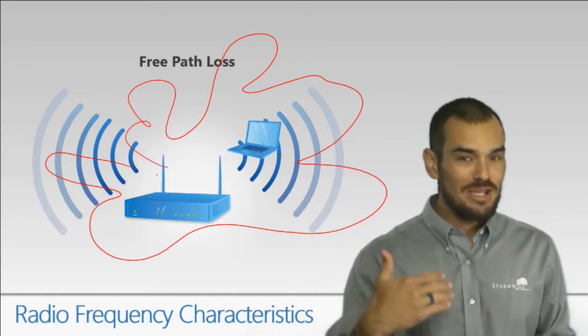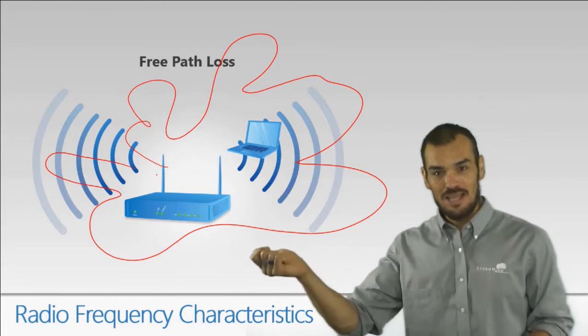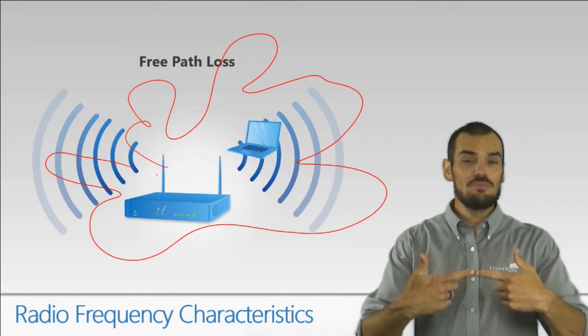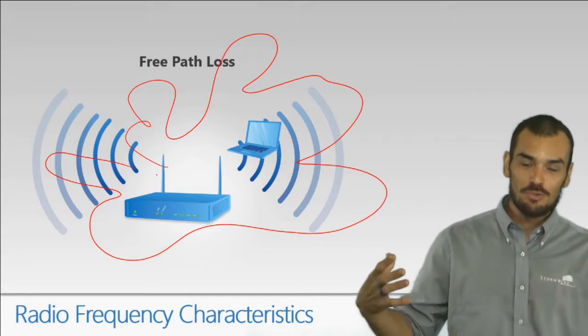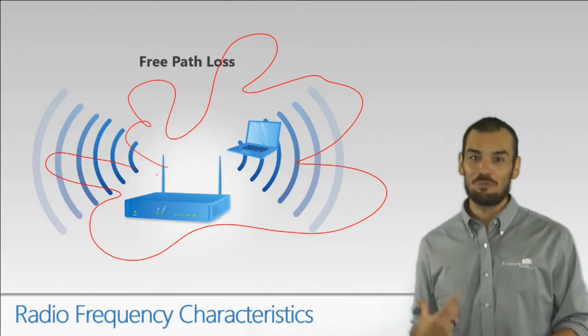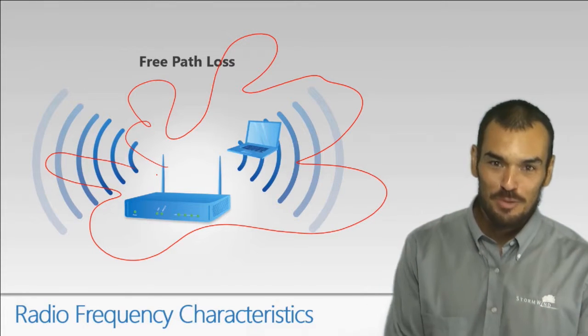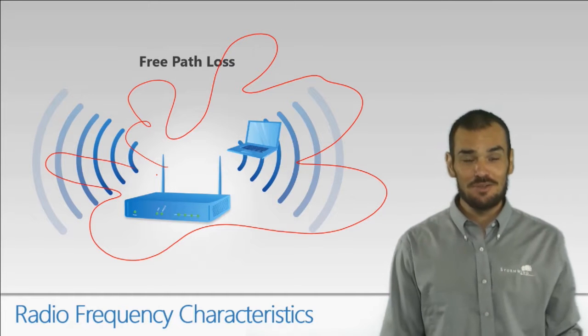So one of the reasons that we experience free space path loss is that it's not an A to B conversation like it is on a wired network. If I have one end of the cable plugged into one device and another plugged in, it's going to go down that communication pathway. With the wireless signal, it goes out in all directions. And going back to my running versus walking analogy, imagine that you're running down a football field. Obviously, the fastest way is to go straight down the field.